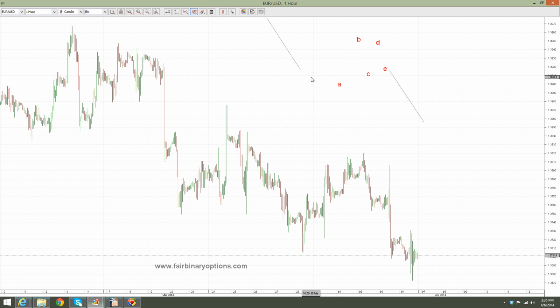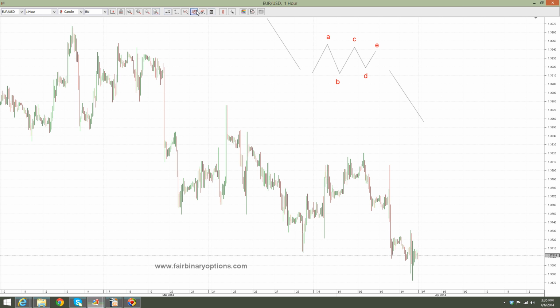So this should be something like this: A. Let me take a polyline. A, B, C, D, E, the contracting triangle, and then the price to break lower. The example that I showed you on the previous triangle was on a bullish trend, but I would like to show you one on the bearish trend, as our example on the Euro-US dollar is actually dealing with a bearish trend here.